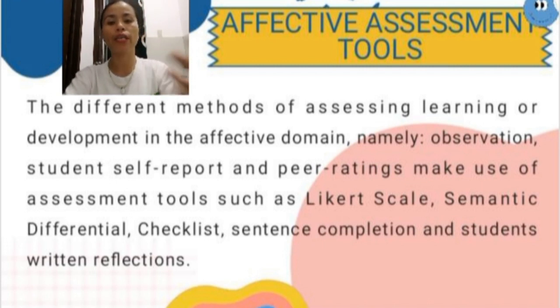So, they make use of assessment tools such as Likert scale, semantic differential, checklist, then sentence completion, and students' written reflection. These are the different methods in assessing learning, which are the affective assessment tools.